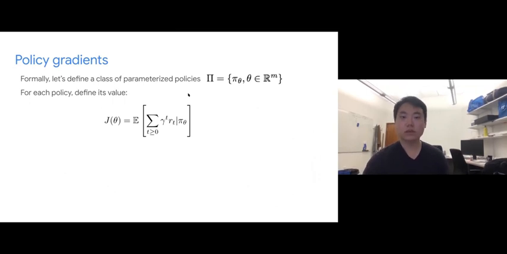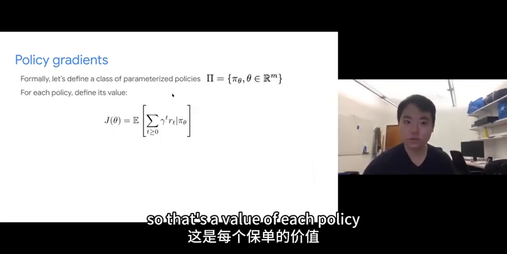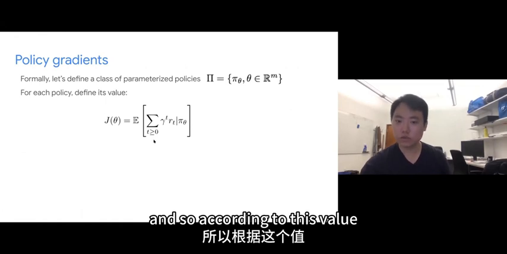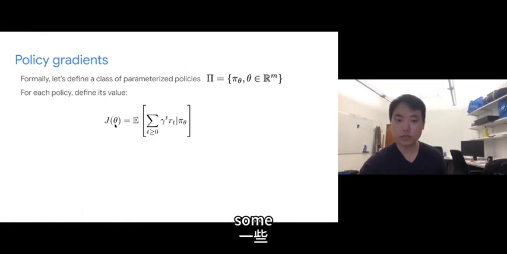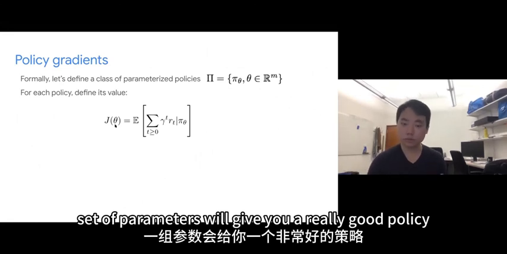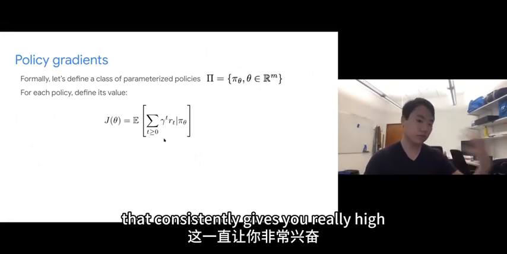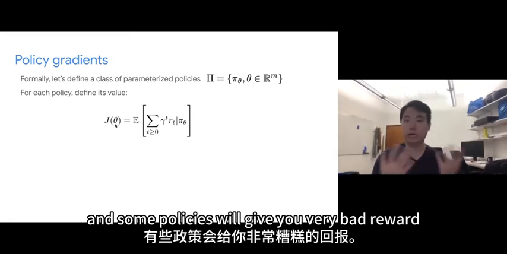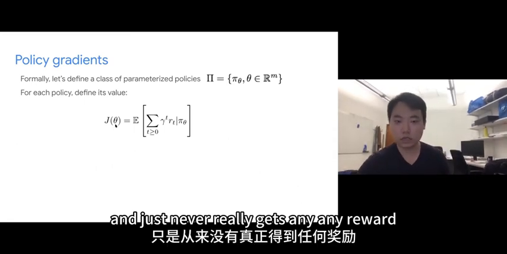So that's the value of each policy. According to this value, some values of theta, some sets of parameters, will give you a really good policy that consistently gives you really high expected reward over the long term. And some policies will give you very bad reward and just never really get any reward.